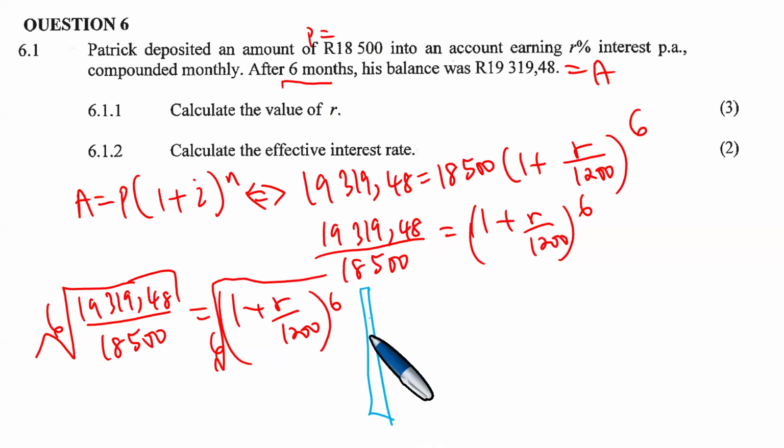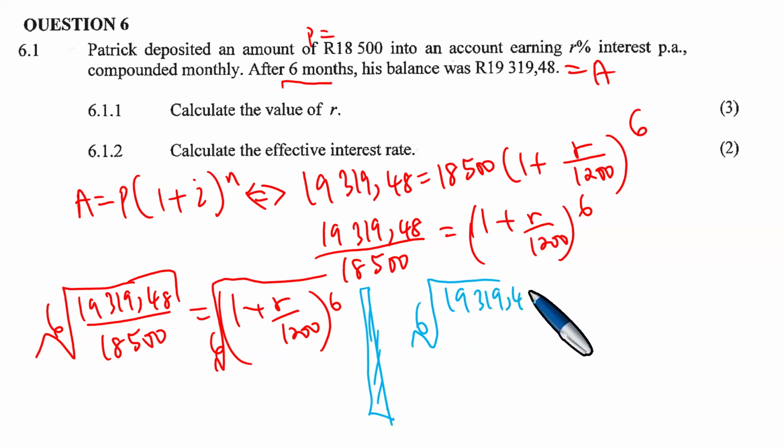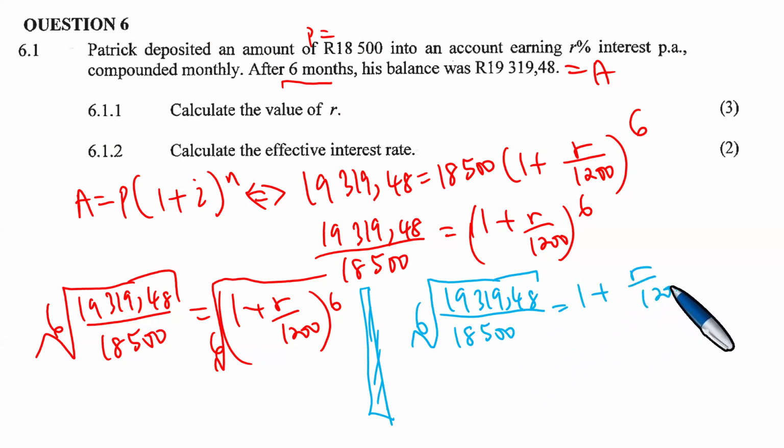Right, so the 6th power cancels out, and you have the 6th root of 19,319.48 divided by 18,500 equals 1 plus R over 1,200.